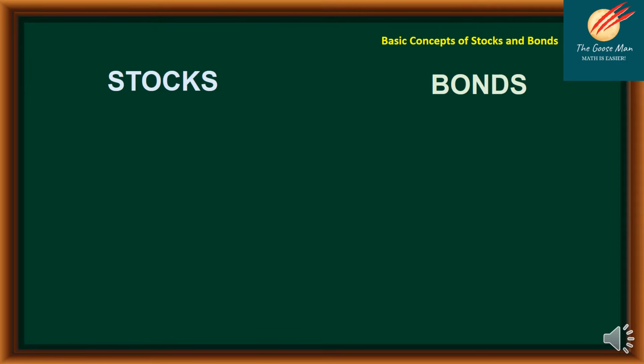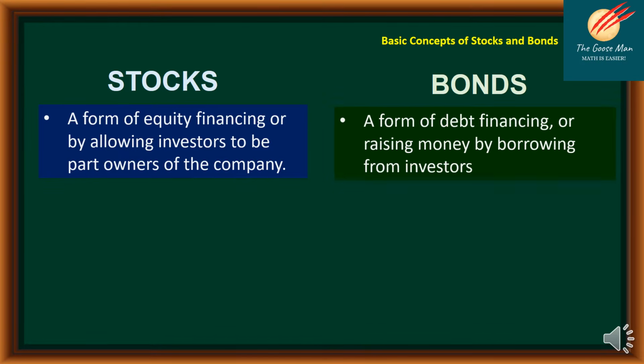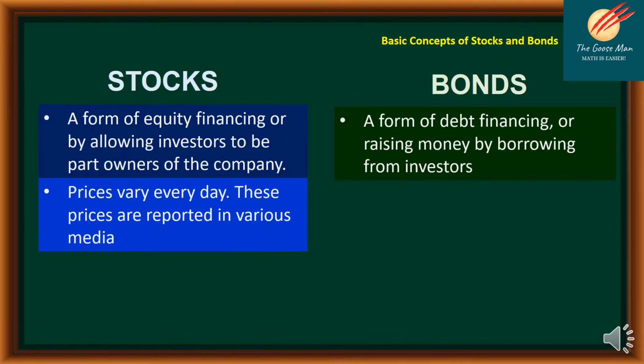So to differentiate more the stocks and bonds, stocks are a form of equity financing, or raising money by allowing investors to be part owners of the company, while bonds are a form of debt financing, or raising money by borrowing from investors. Also, stock prices vary every day.